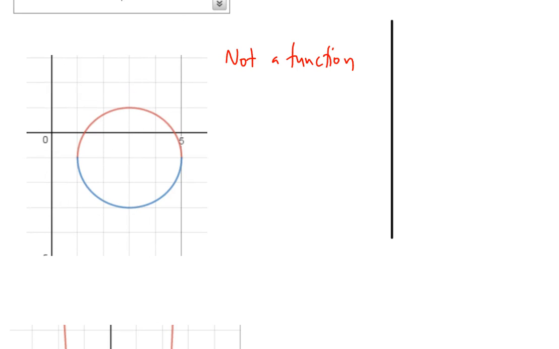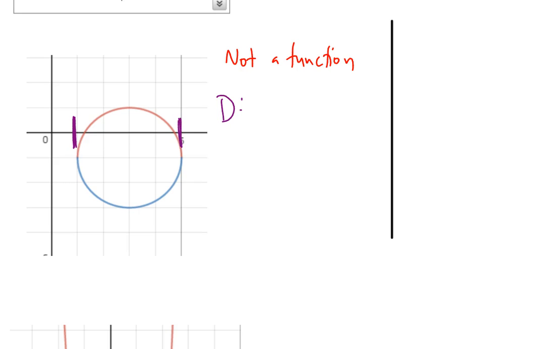All right? So in this case, I'm going to look at my domain. Now remember, domain is how far to the left does this graph go and how far to the right. If I look all the way to the left, this graph ends right here on the x-axis at 1. It ends on the right at 5.